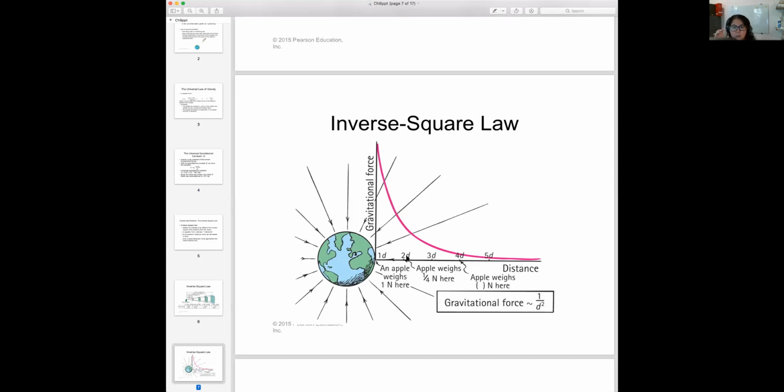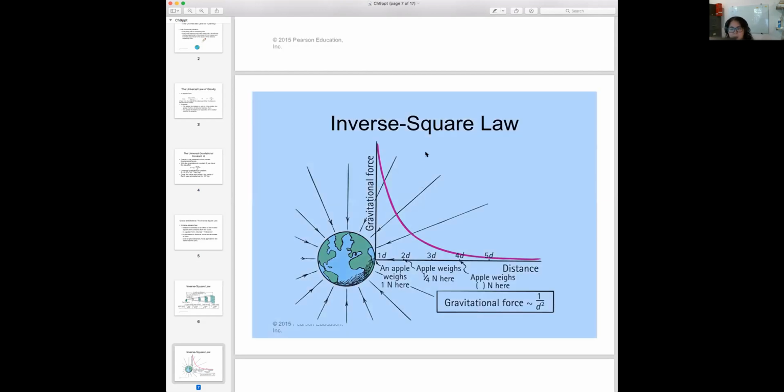Let's say if you used to weigh 160 on the surface of the Earth, you will weigh 40 pounds. That's really, really high up in the sky, space. Just notice that, okay? You still have a gravitational force that's significant, but not as bad as, it's not one half. It decreases like 1/d².